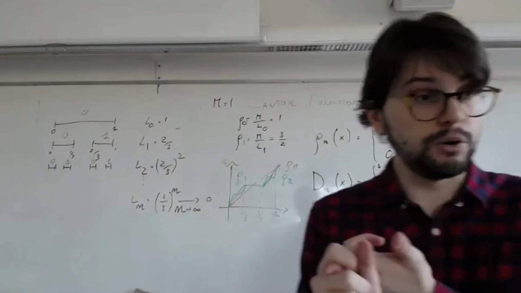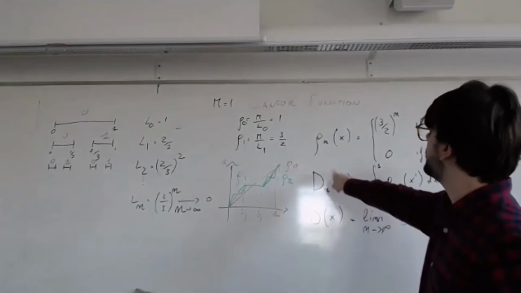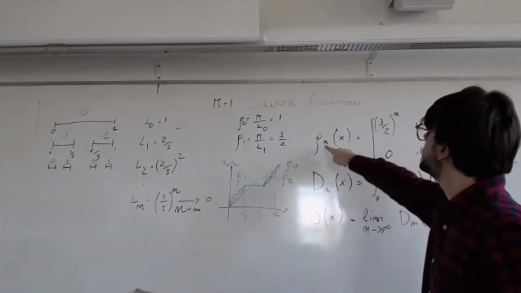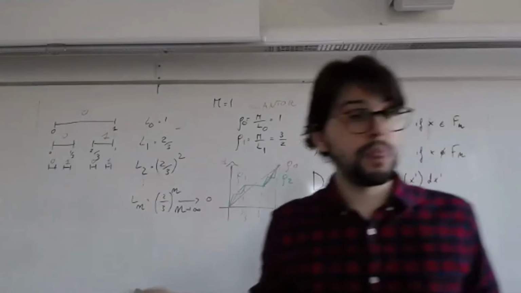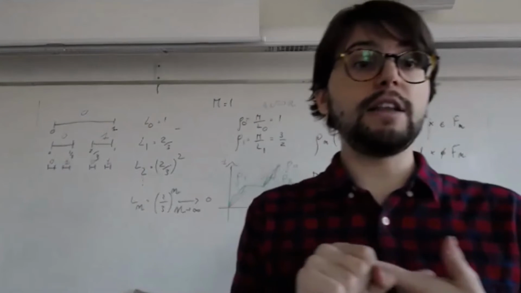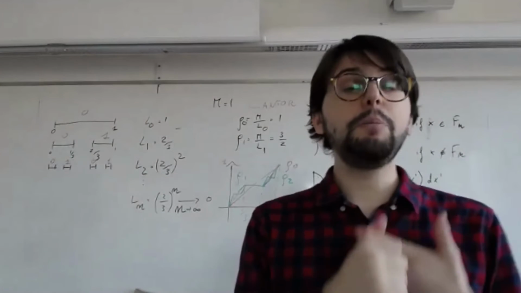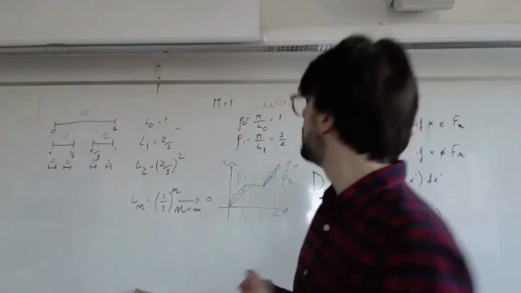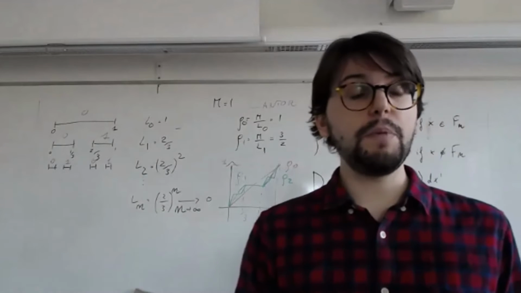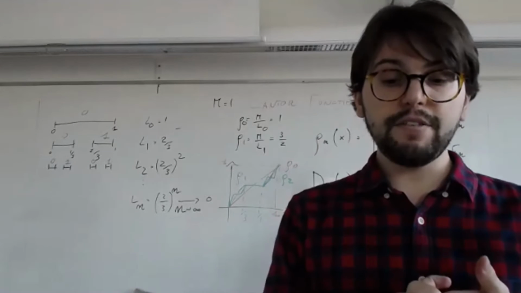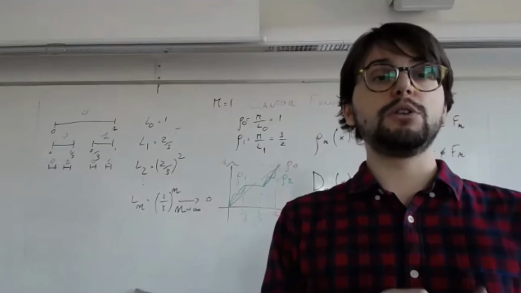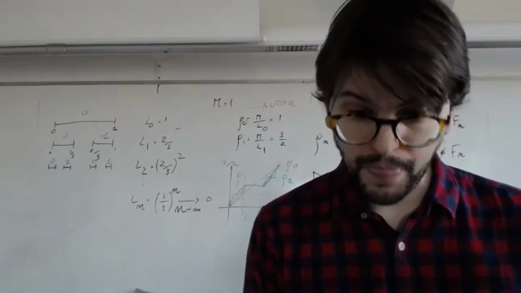And it's also differentiable, because I can take the derivative of this, and I will get rho_n. But rho_n, for n going to infinity, will be 0 almost everywhere.